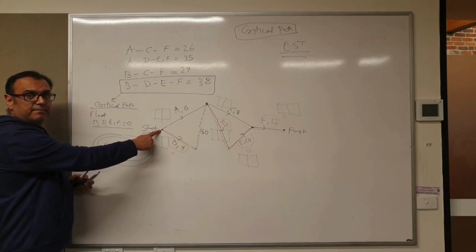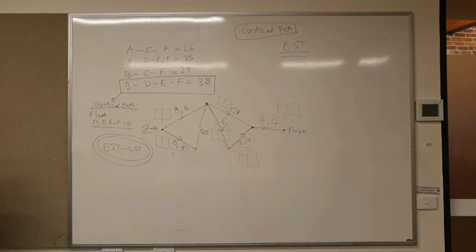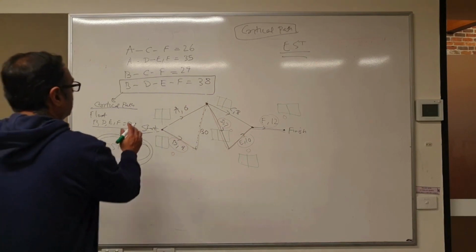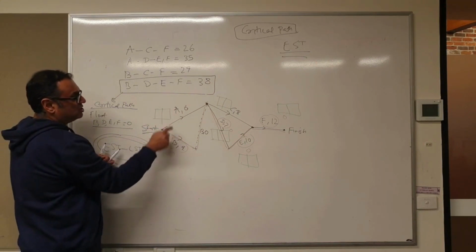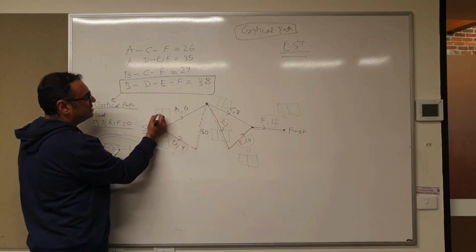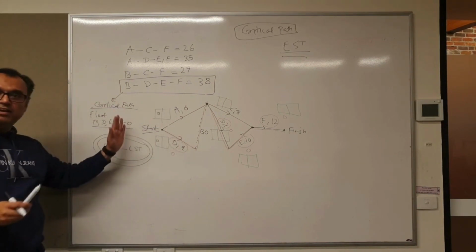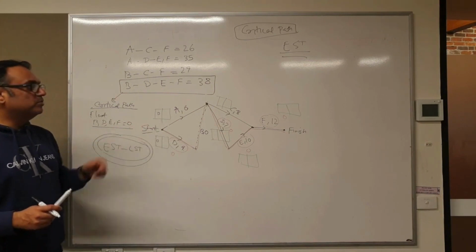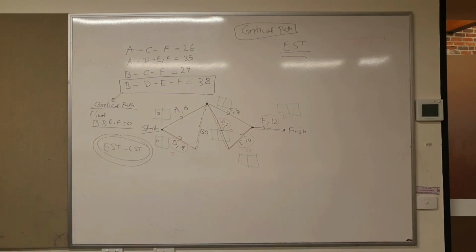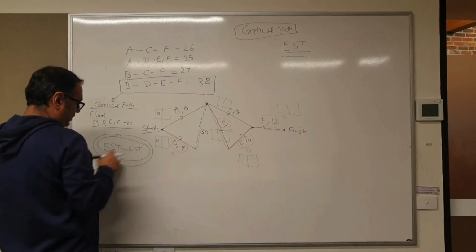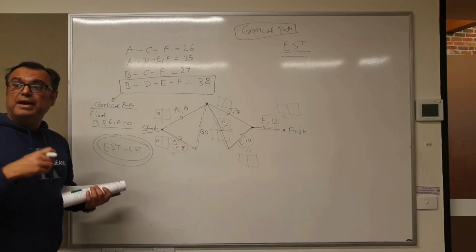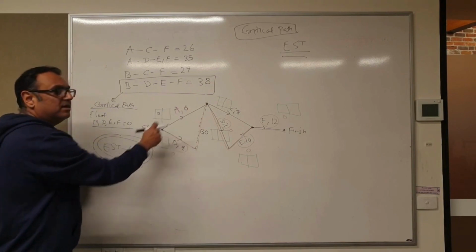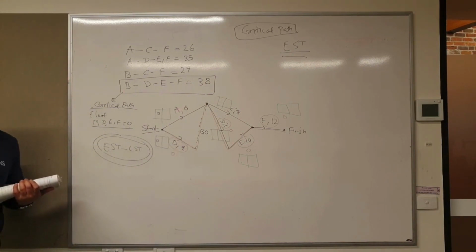When you are starting, your EST for the starting activities is 0. So on the left side of the box, you write 0 because they are the starting points. Now, for EST, we keep adding the number that we are getting along our path.